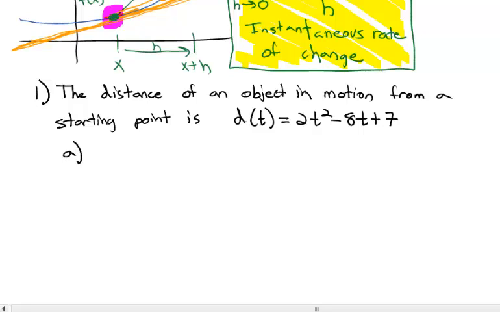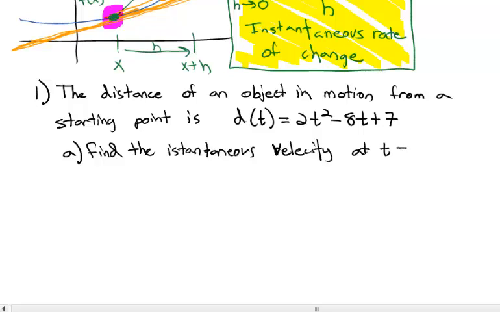We are going to attempt to find the instantaneous velocity. Velocity is the rate of change of the distance over time at time equals 1 second. So we're interested at the point t equals 1.